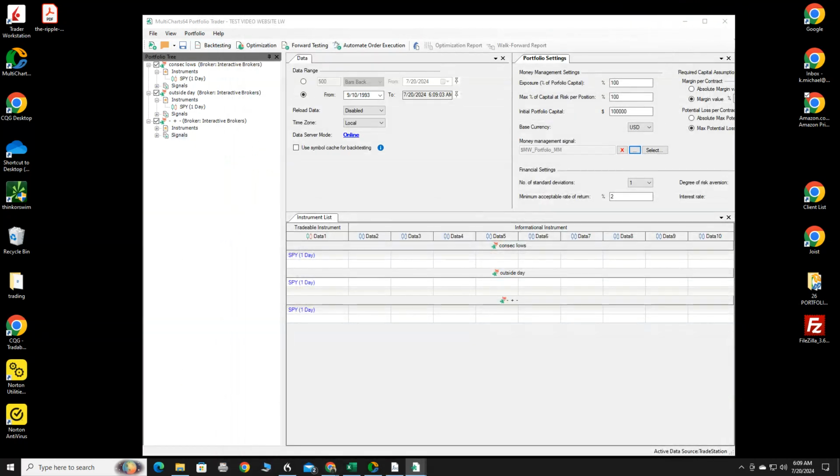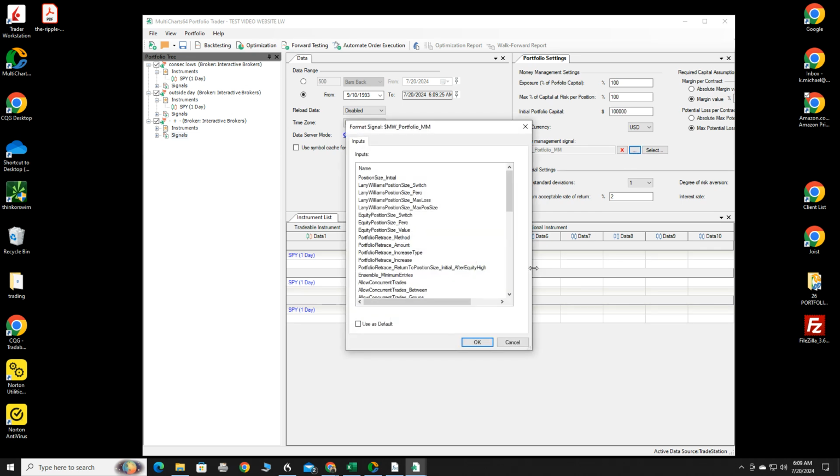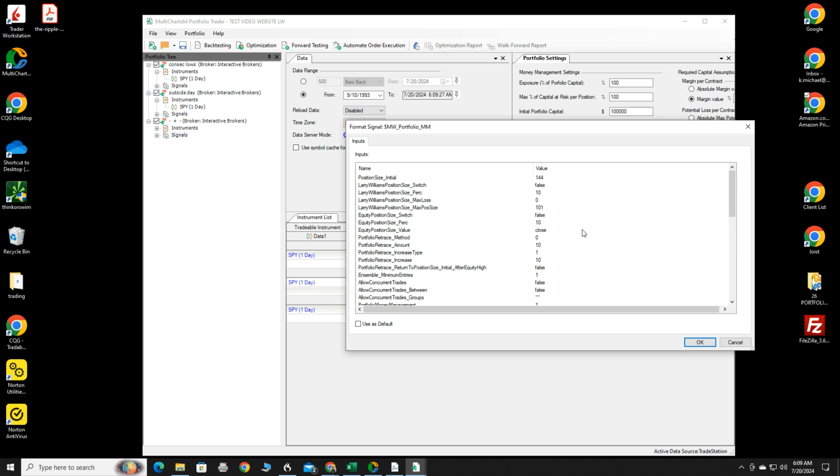Larry Williams suggested once your portfolio or a strategy, by leveraging using this strategy, gets to a profit, has paid for the losses, and gets to an equity high, we want to reset. Just as in Money Management 2, we use this input.